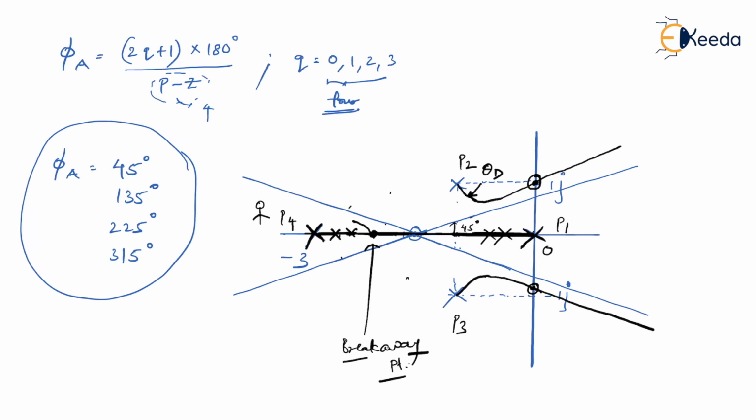So from the breakaway point, even if they leave, they have to travel to infinity. You need not worry, you have already drawn the angle of asymptotes which will guide them to travel towards infinity. So this is how you are getting this root locus. I'm sure now you have understood this root locus. It is very easy. This is the final product that you will see.